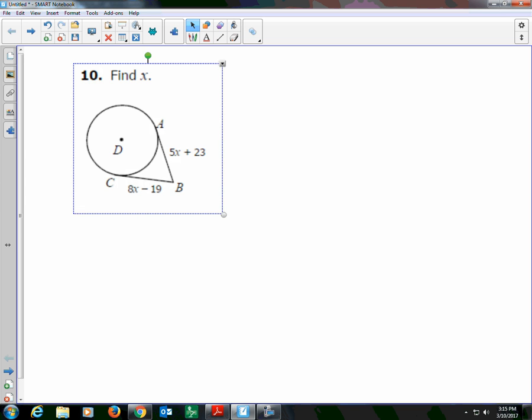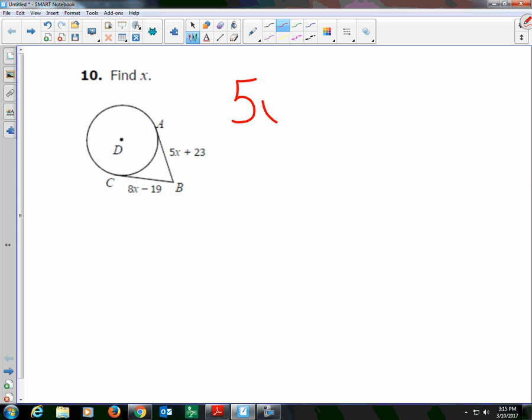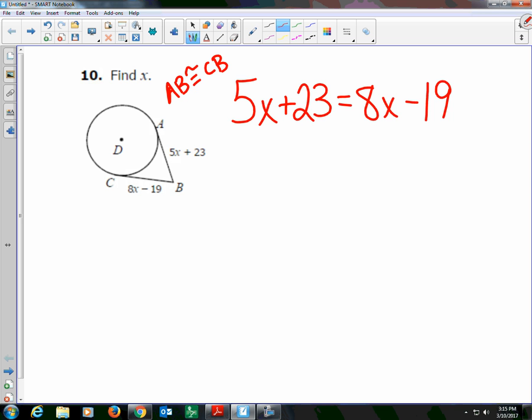So since I have 5x plus 23 and I have 8x minus 19, I can simply set those equal to each other, because AB is going to be congruent to CB, okay?